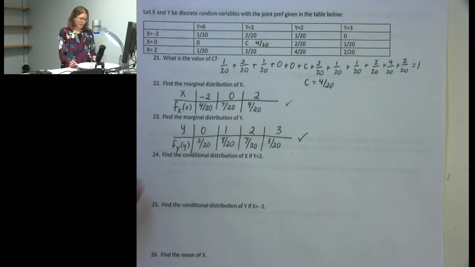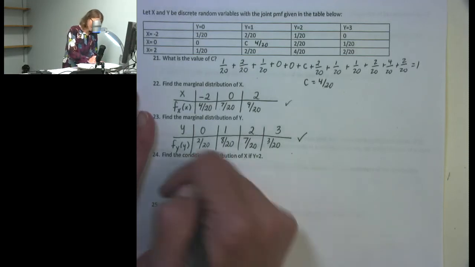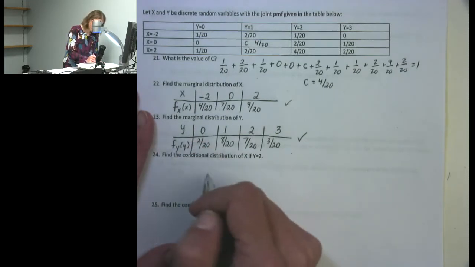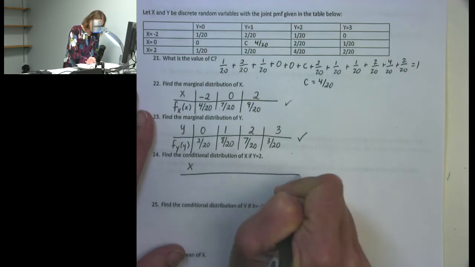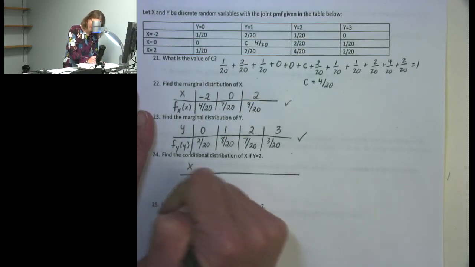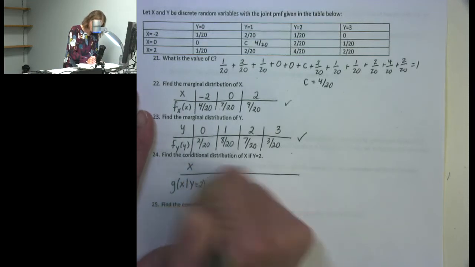Okay. Next thing I'm going to do is find the conditional distribution of x if y is equal to 2. So I'm saying, okay, for each value of x, I'm trying to figure out g of x given that y is equal to 2.